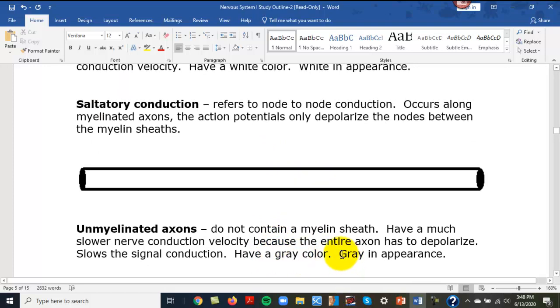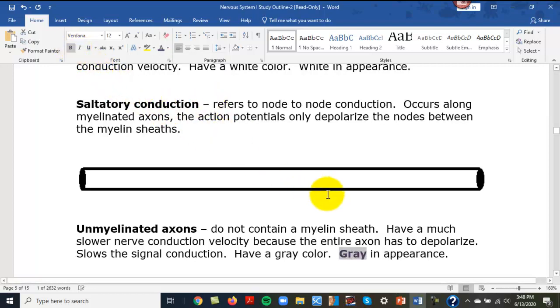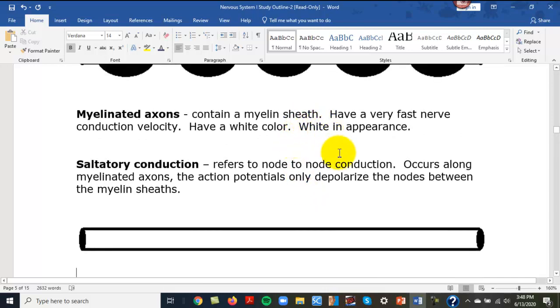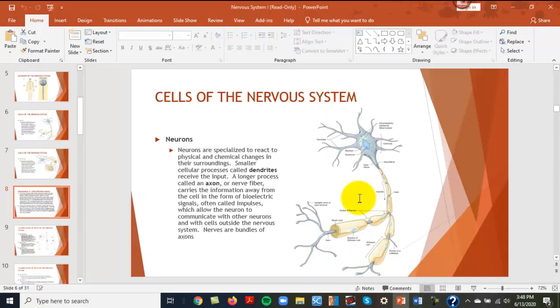Would it be crazy for me to make that gray? Because I don't want to spend too much time on this. What's a good gray color? You'll probably remember this from now on because I'm doing this. There's gray. Oh man, we can't do white, but oh well. So just remember the gray.